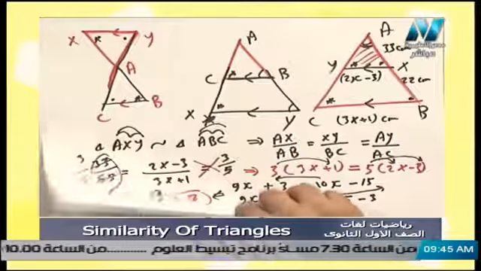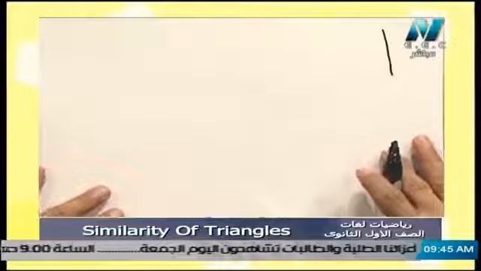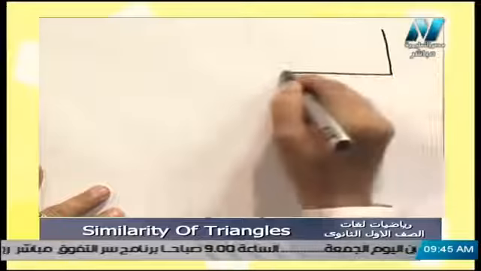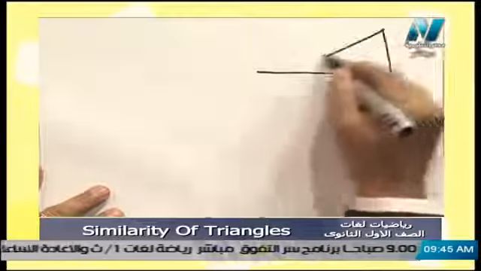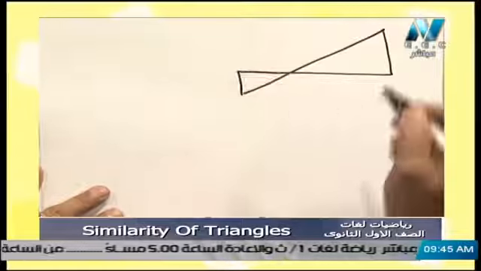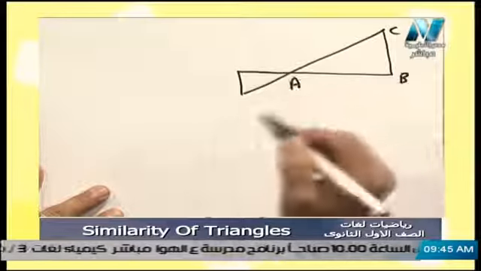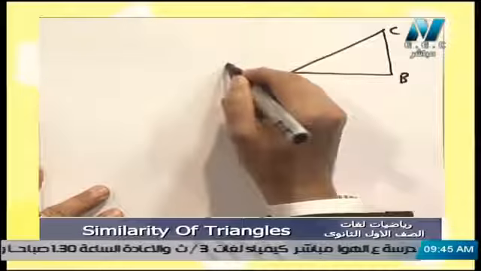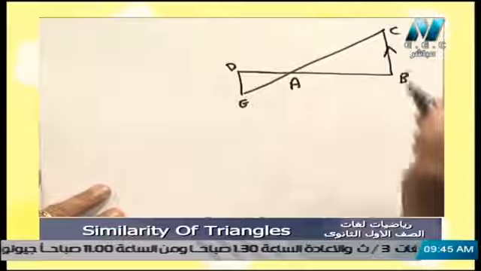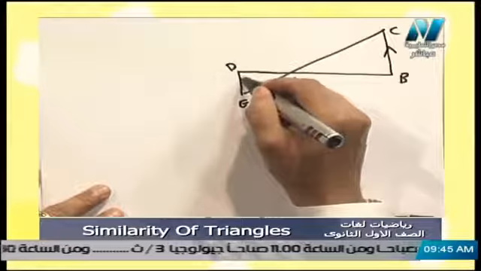Okay, let's move, my dear students, to a similar question. We have two triangles also, and the two triangles are intersecting like this drawing here. We have a small triangle and a big one. This triangle is called CBA, and this is called ED. And we have CB parallel to DE here.